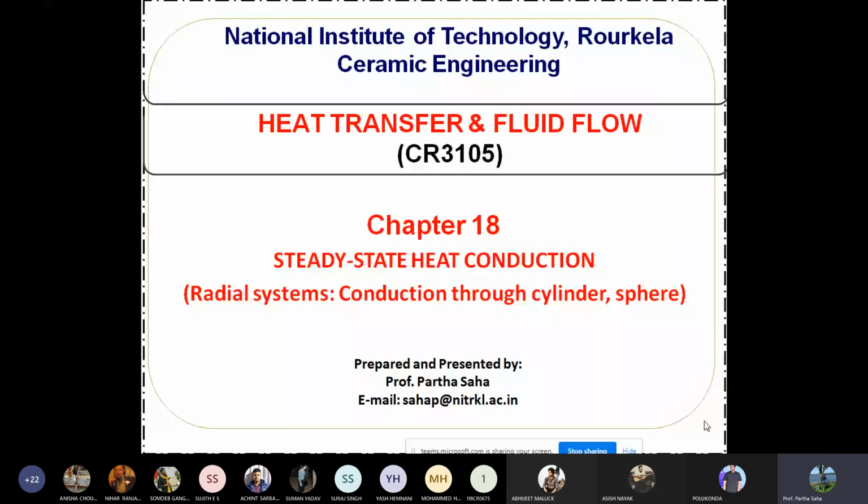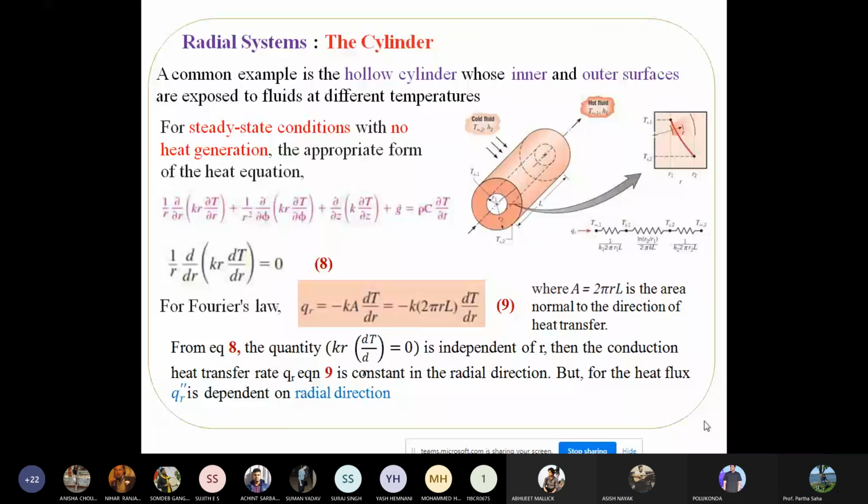So you can see here cylinders which have an internal and an external radius, so it's a hollow cylinder. The internal radius is given by R1. Here you can see this is R1, and this is the external radius given by R2.